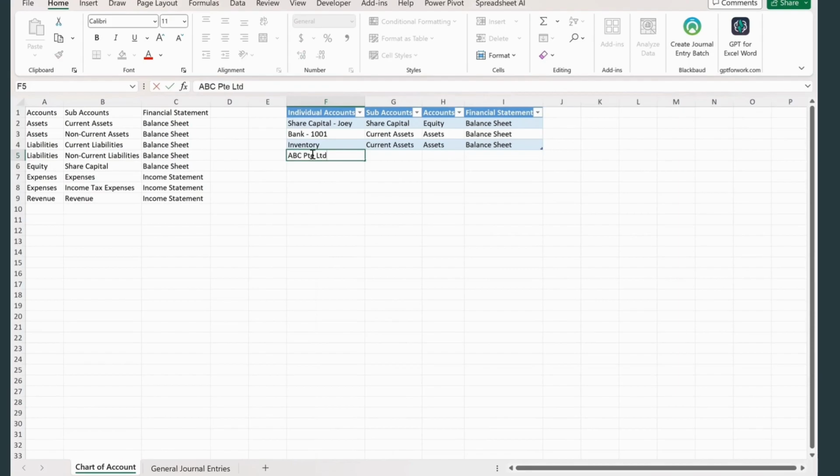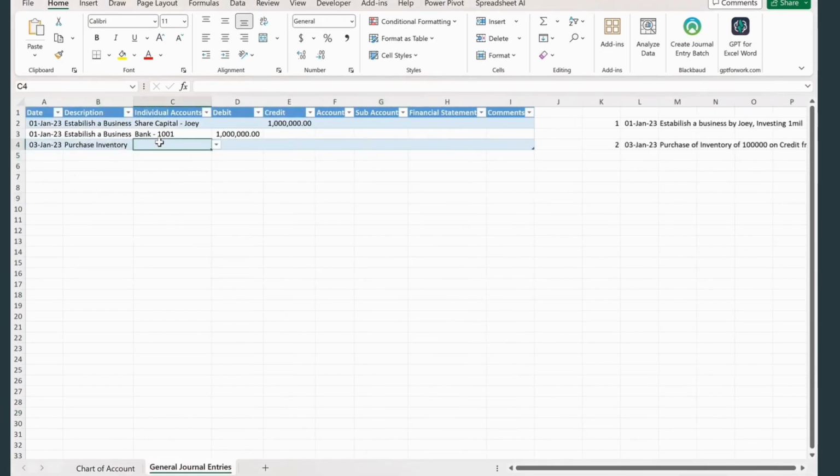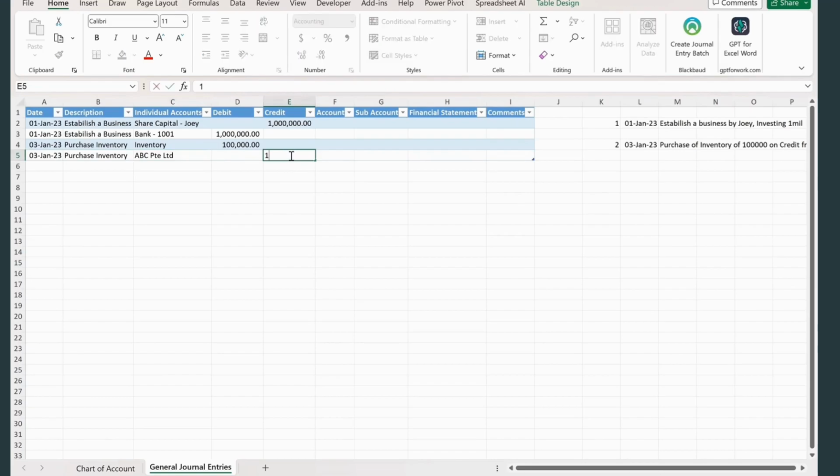Also our creditor account, current liabilities. Here we debit our inventory, credit our ABC creditor, 100K.